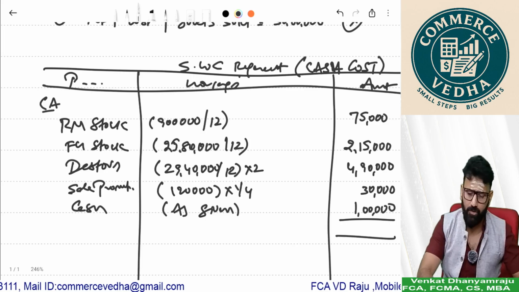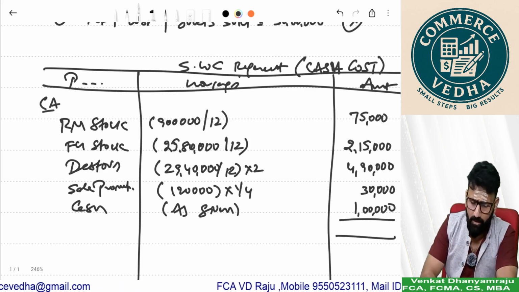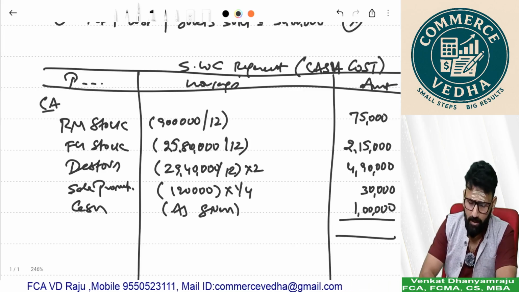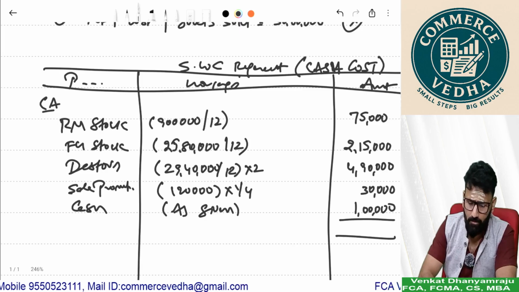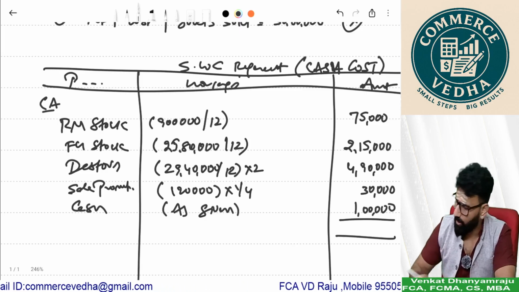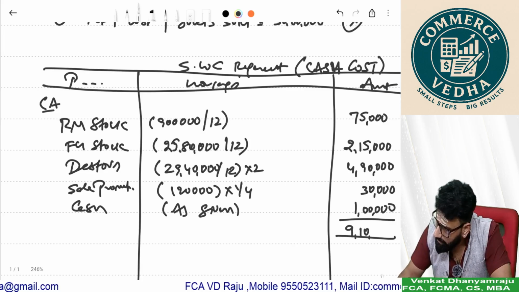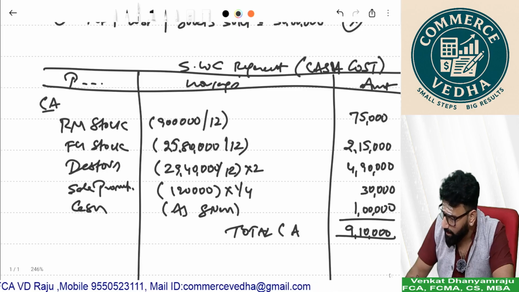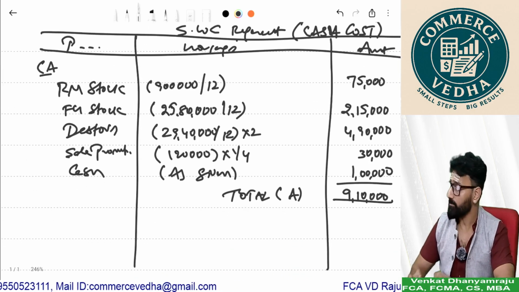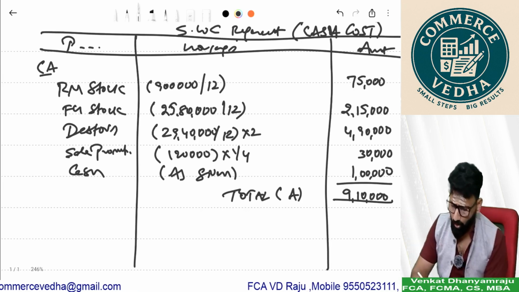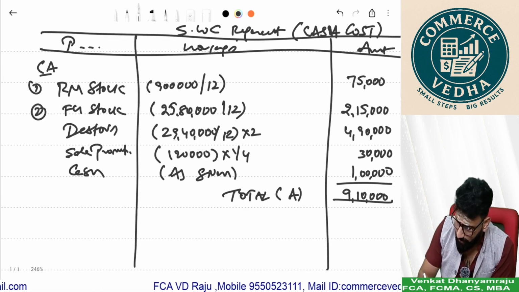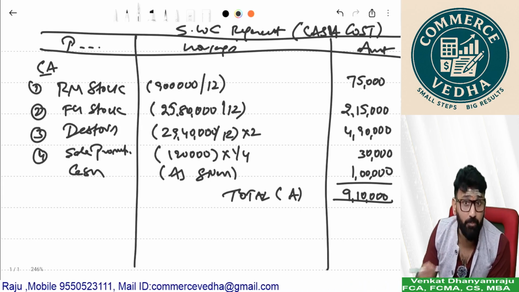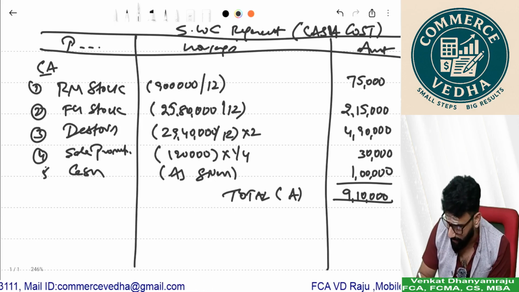With this, you finish your current assets: 75,000 plus 2,15,000 plus 4,90,000 plus 30,000 plus 1 lakh. So 9 lakh 10,000 is your total current assets. We call it A. Done with current assets computation: raw material, finished stock, debtors, advance sales promotion, prepaid expense and cash.